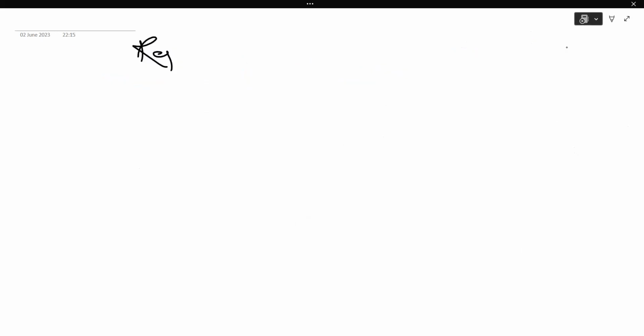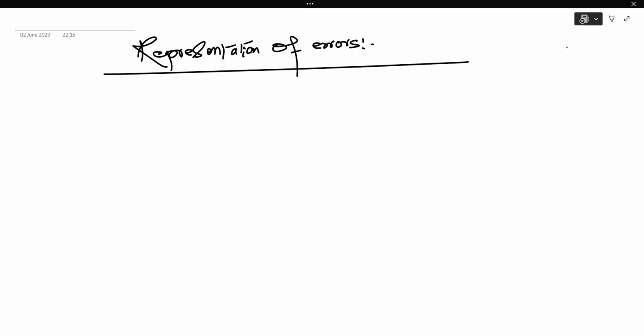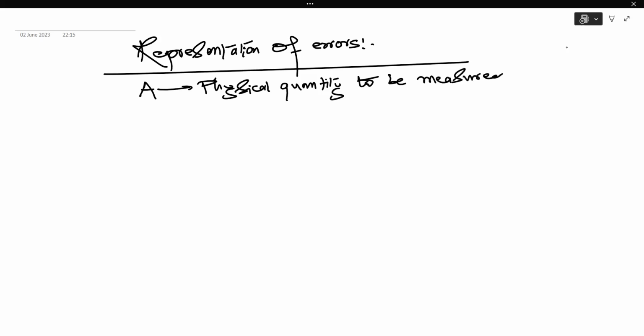Let's come to representation of errors. So suppose I am measuring a quantity called A, right? Suppose A is a physical quantity which is to be measured. And suppose I am writing the serial number of observation and the measured values.